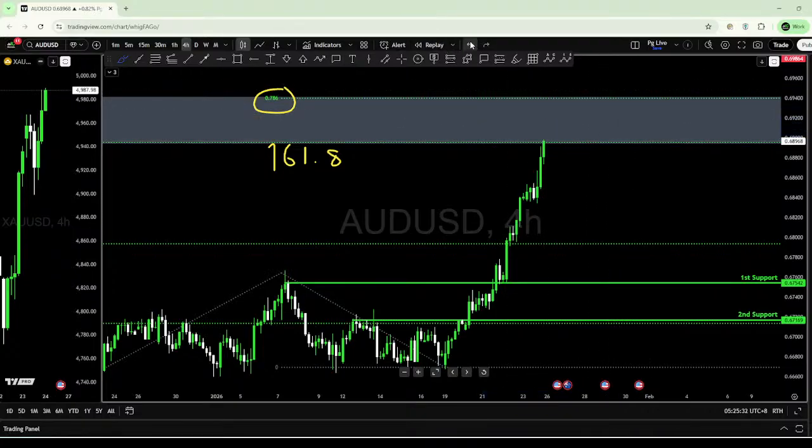So in this zone, if you want to sell, wait for confirmation in this zone.